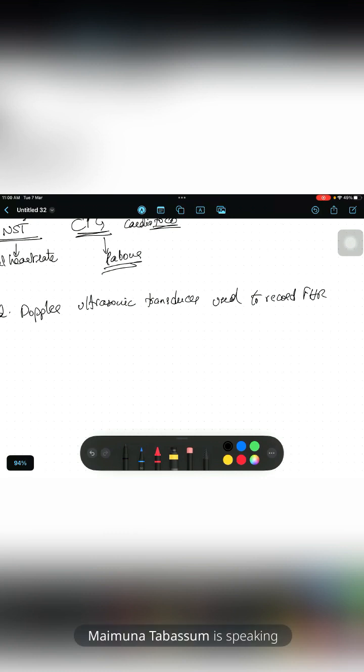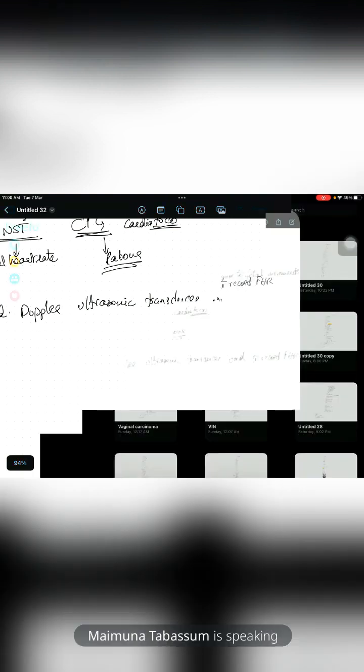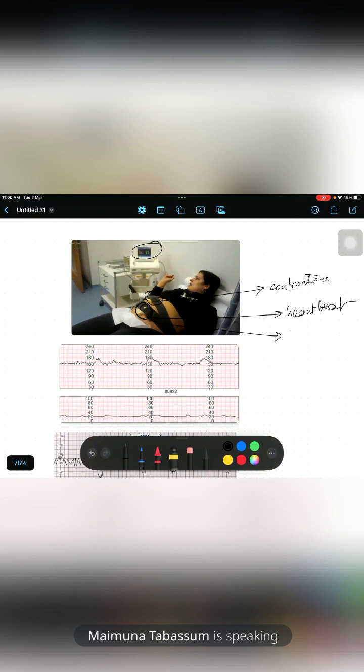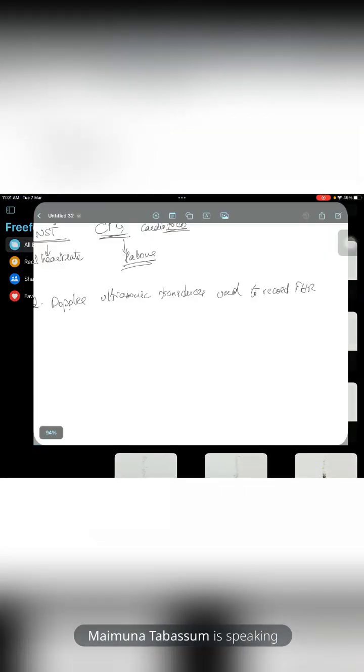I have already shown you in the image, so let me show you again. This is the transabdominal Doppler ultrasound to record the fetal heart rate. This is to monitor the uterine contractions.